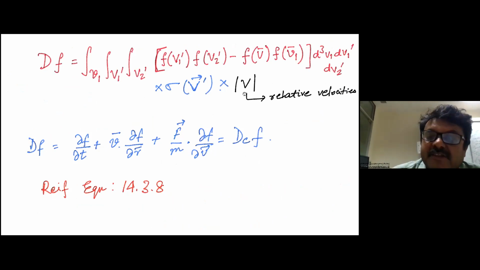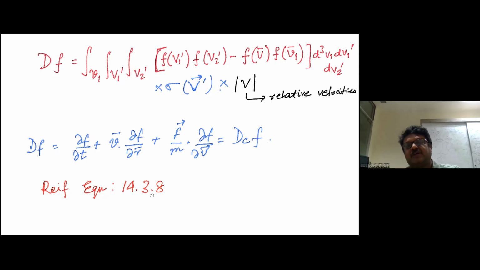So hence you have this relative velocity sitting here, and this is the Boltzmann equation incorporating collision and correlations, and this is Reif equation 14.3.8.